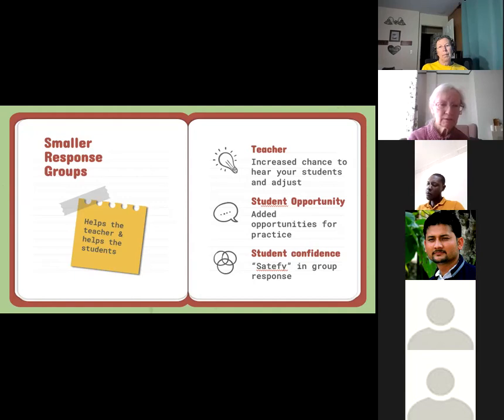But you can also put your students into specific groups. For example, you might think about students whose skills are not as strong, putting them with students who have very strong skills, so that they can listen and learn from the person who has the stronger skills. And you can do this with think, pair, share, and you can also do this with smaller oral response groups.